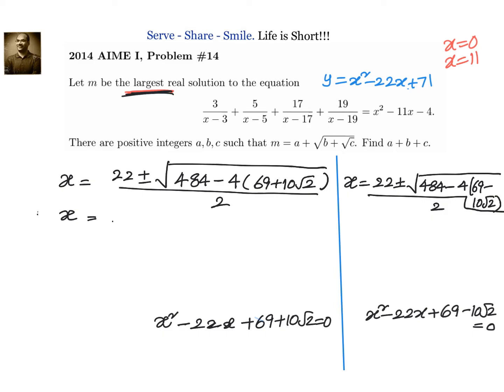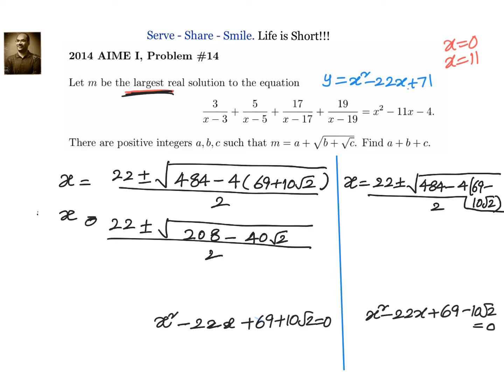Let us simplify this. This will be 22 plus or minus root of 484 minus 276, that is 208, minus 40 root 2, divided by 2. Let us simplify that. That will be 11 plus or minus, if I want to take out 2 from here, I should take out 4 because it is inside the root.